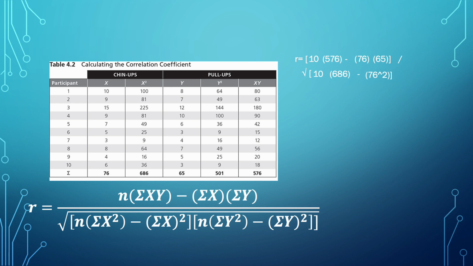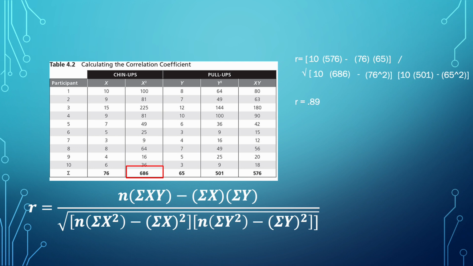And then we're going to multiply all of that by 10, again, our participants, times our sum of Y squared, which is our 501, minus our sum of all the Y's squared, or our 65. Sorry, that should be the 65 squared. The wrong box is highlighted.